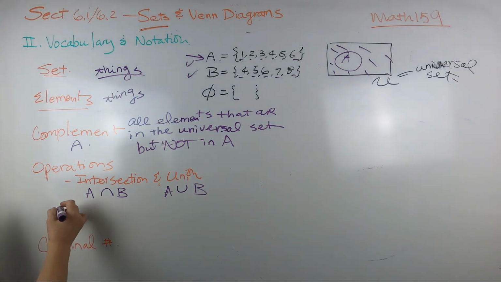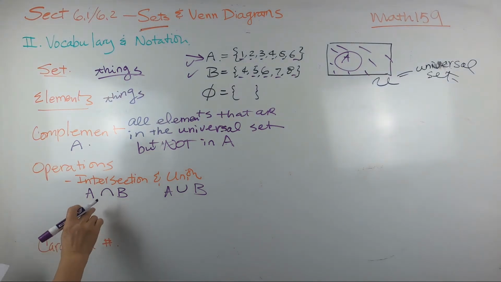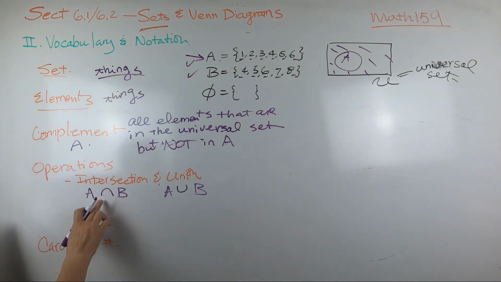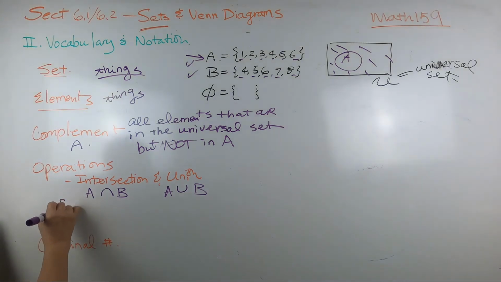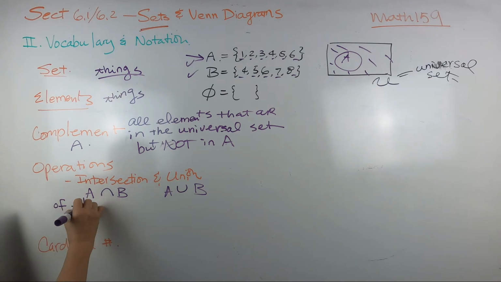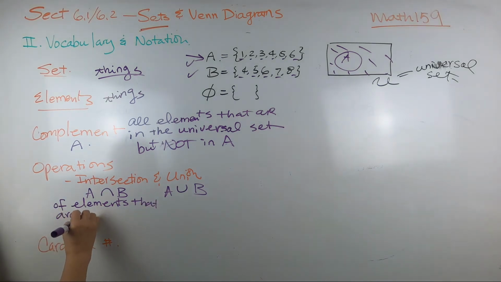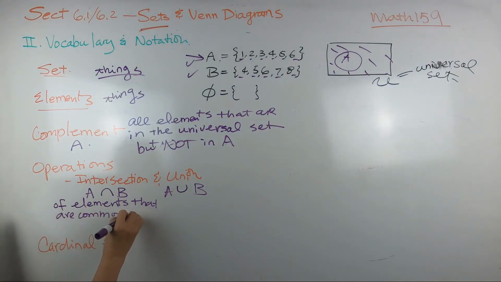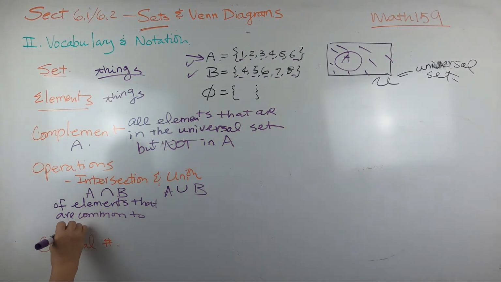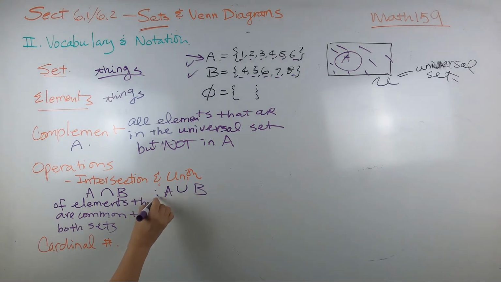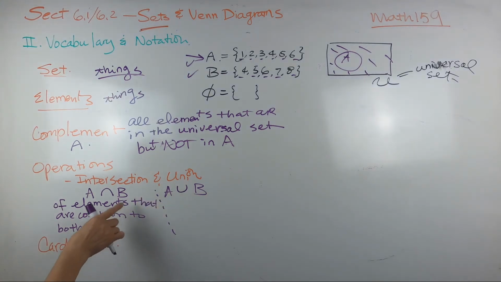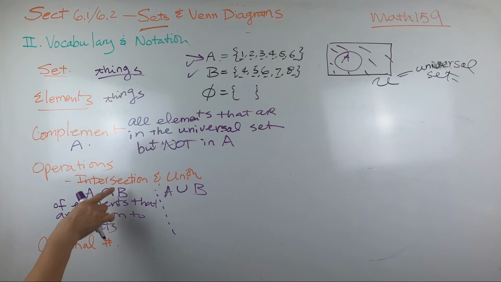The intersection of A and B means the elements that are common to both sets. It belongs to both A and B.